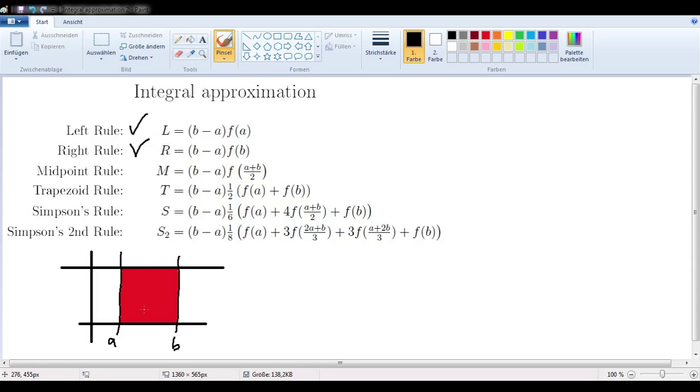The midpoint rule means we're just taking the point at this middle, a plus b divided by 2, going exactly in both directions, and we see again that gives us an exact answer. And quite obviously the trapezoid rule, where we actually know 2 points and then connect them, also gives us an exact answer. So all 4 of them work.